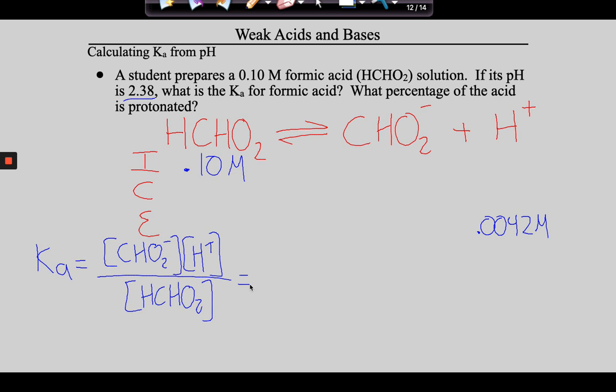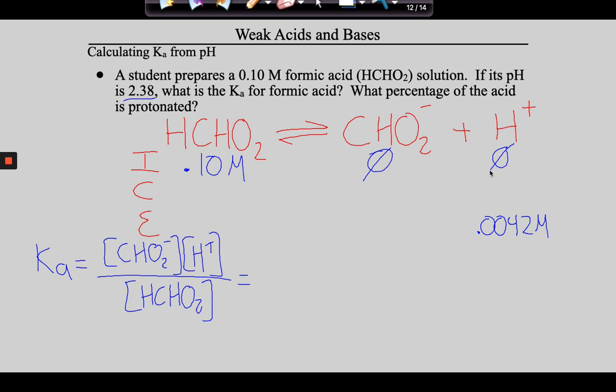And guys, currently we only have one of those. The only thing that we know is the concentration of hydrogen ion at equilibrium. We got to get that entire bottom line. Guys, how do we do it? Go ahead. Yep. The original molarities of these are 0.